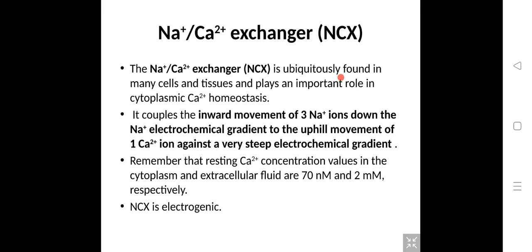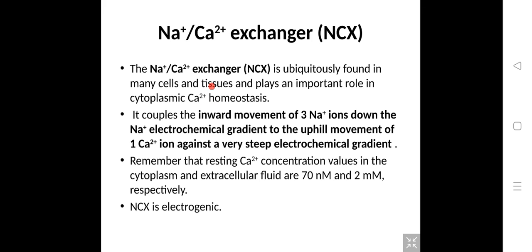Now, this is an important word for any biologist: ubiquitous means expressed a lot, all over, not just limited. It is found in many cells and tissues, and plays an important role in cytoplasmic calcium homeostasis.